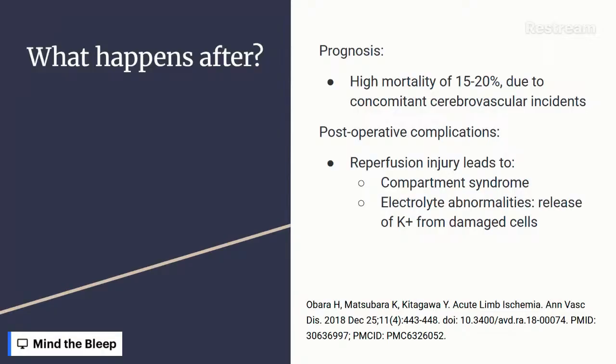It's kind of gone back, so you get this essentially reactive overperfusion, which will lead to edema and compartment syndrome. Lots of potassium is released from the damaged cells, so you can get a lot of metabolic derangement, and people do die from the post-operative complications. So that's maybe something to familiarize yourself with if you are coming onto a vascular job, because you'll be the person on the ward that is there and expected to spot it.